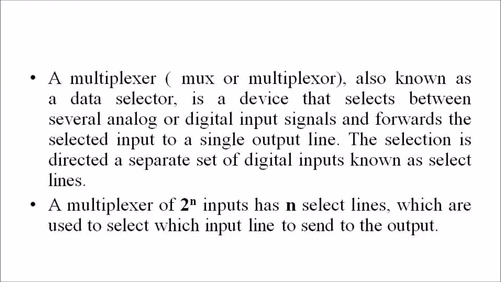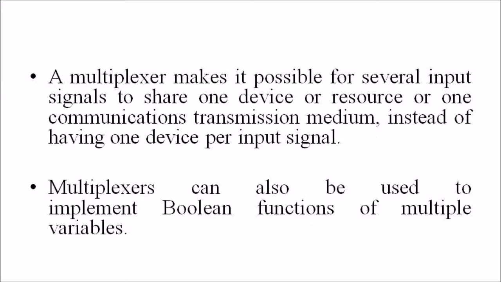A multiplexer makes it possible for several input signals to share one device or resource, for example, one analog to digital converter or one communication transmission medium, instead of having one device per input signal. Multiplexers can also be used to implement Boolean functions of multiple variables.